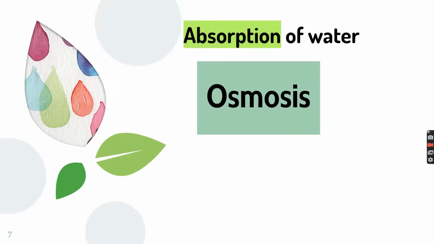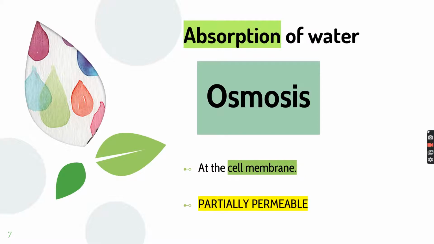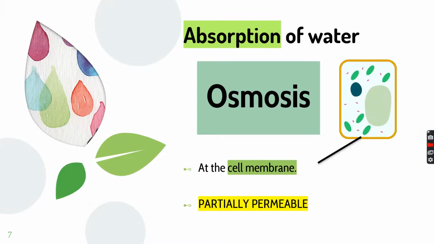Then after the water enters by diffusion, water will enter the vacuole using osmosis. This occurs at the cell membrane of the root hair cell, because the cell membrane is partially permeable.